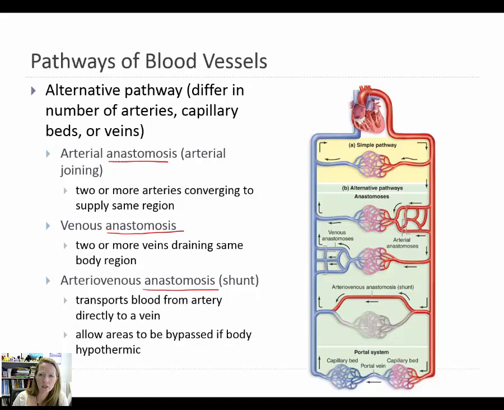Let's take a look at the arterial anastomoses, and this is arterial joining. Here's a little circulation, but look, you have two arterioles that are coming together and joining, and then they are going to empty into a capillary bed and drain into one single vein. So that's going to be an arterial anastomosis.